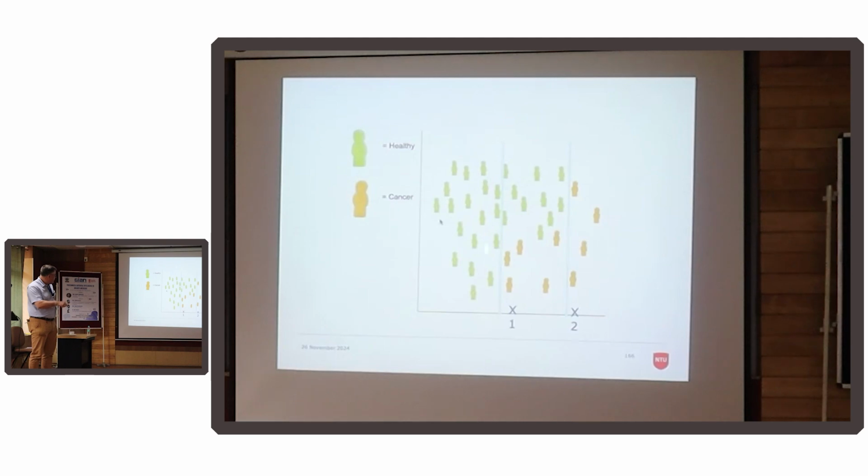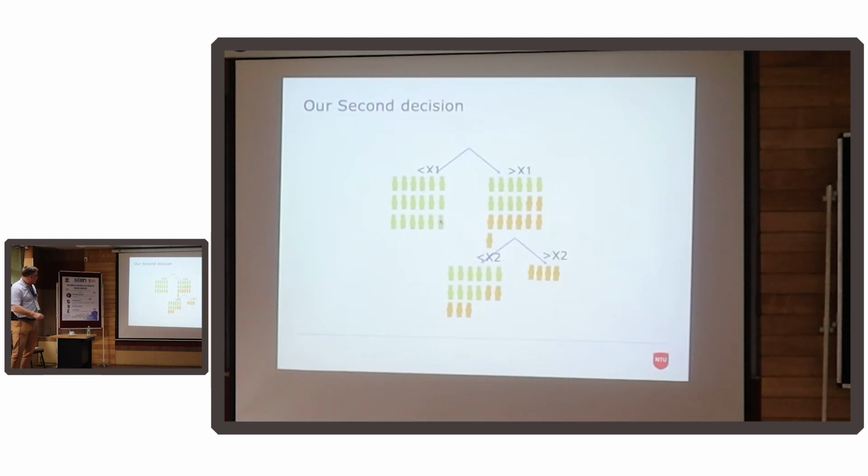If less than x2, it's a mixed class. So now with our next rule, we've explained a different part of the population that effectively wasn't explained by the first rule. That would look like this. We take the x1 group, we split that into a pure cancer class, and we split it into a mixed class. Okay?